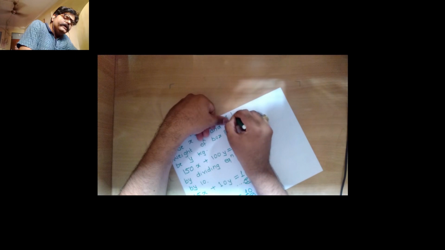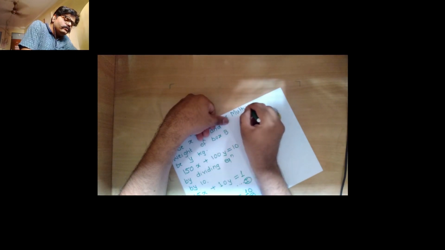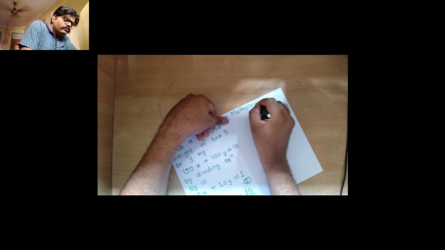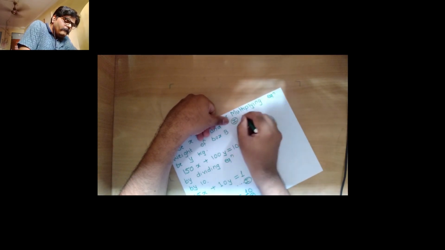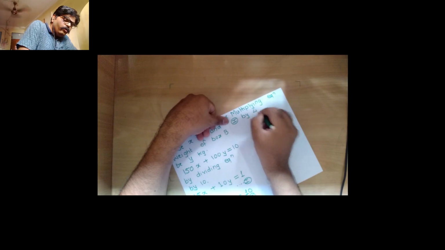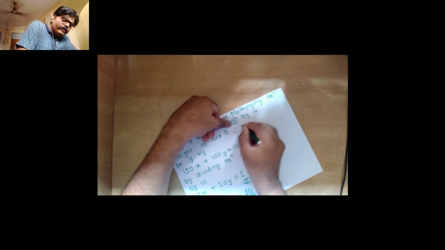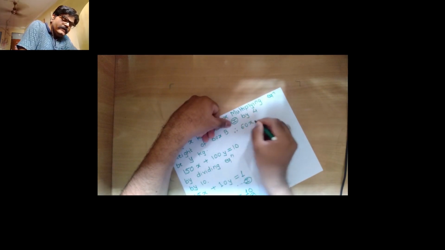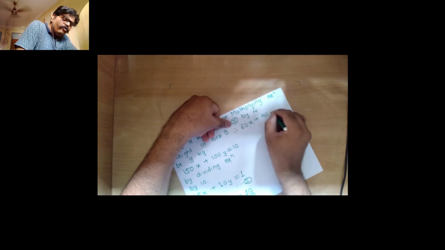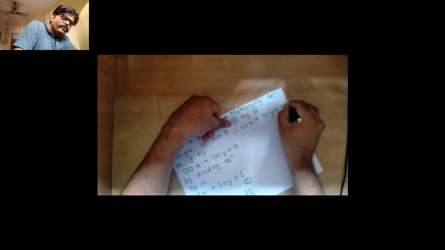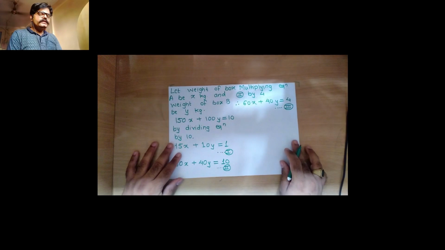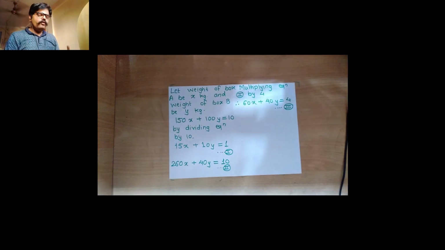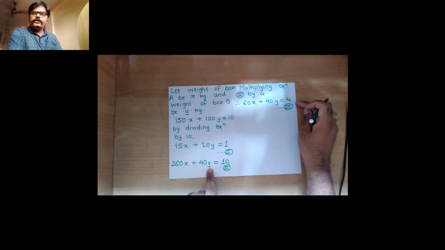Therefore, multiplying equation 1 by 4, the new equation we are going to get is 60x plus 40y is equal to 4. This will be our equation number 3. Okay, so these three equations we have, of which only these two we are going to utilize.